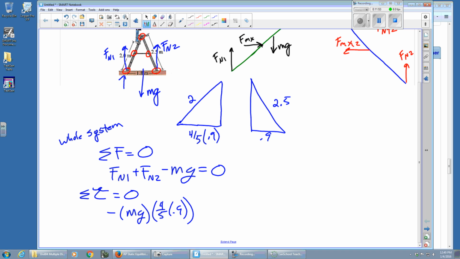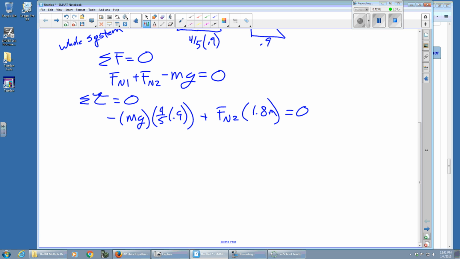That's why I did that little similar triangle thing there. Plus my counterclockwise torque, which would be Fn2 acting at 1.8 meters away. And that's going to equal 0. So I've applied my two equilibrium conditions.